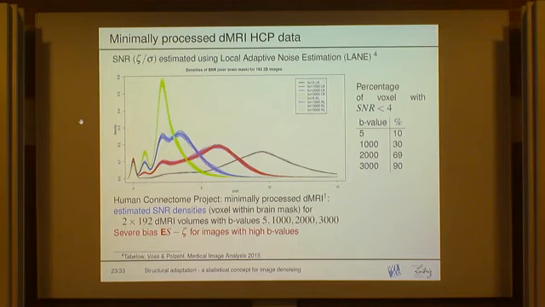And what we see here is that a high percentage, so for the shell with the largest b-value, 90% of the observations have an SNR smaller than 4.